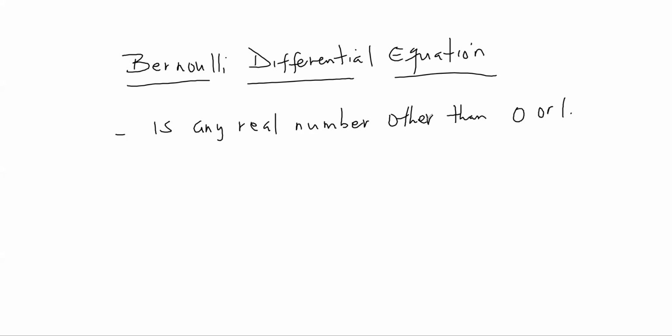So as I said earlier, the parameter n in this case for Bernoulli differential equation is any real number other than 0 or 1. Okay, and what makes these equations very special? They are non-linear differential equations. So this was introduced by a Swiss mathematician in 1695 by the name of Jacob Bernoulli.